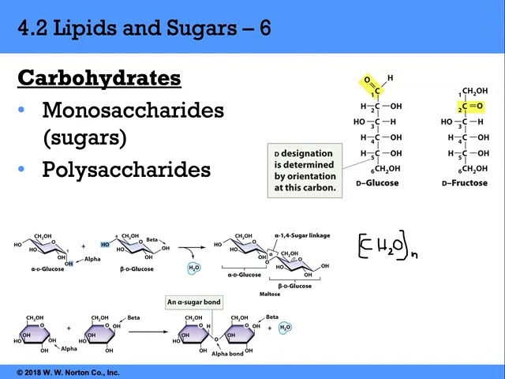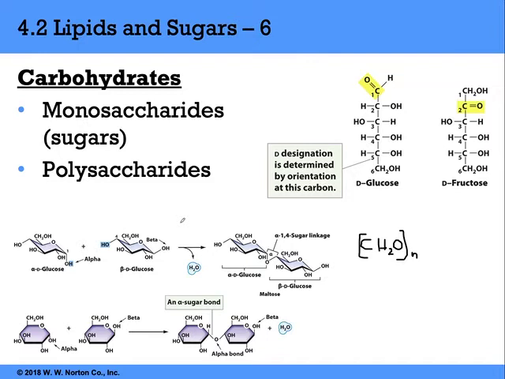As opposed to a catabolic reaction in which we would go in the opposite direction. We might go from, say, a disaccharide to two monosaccharides, and in the course of doing that, we would take up a water molecule. Instead of kicking it out, we would use the water molecule to bust this bond, and that would release energy.